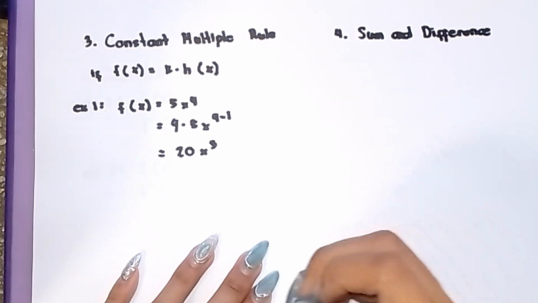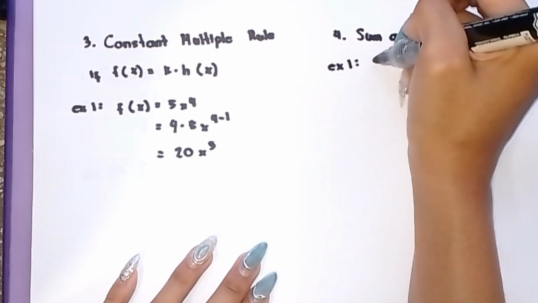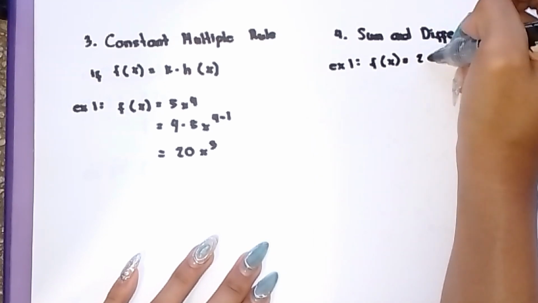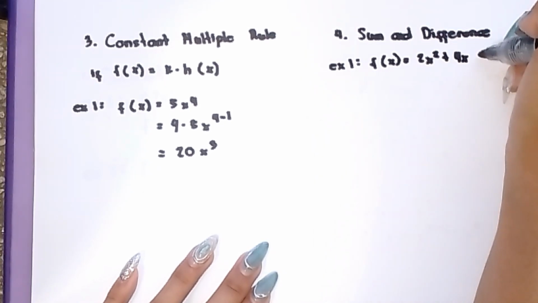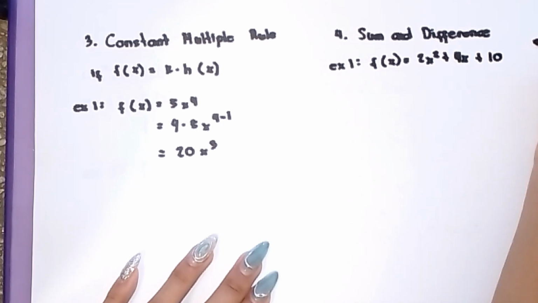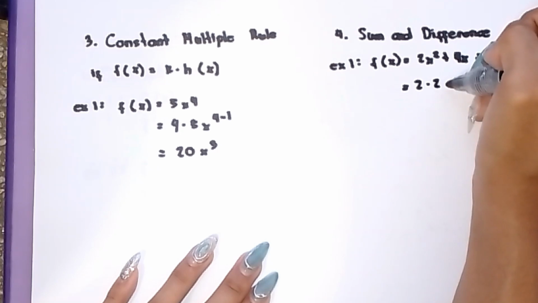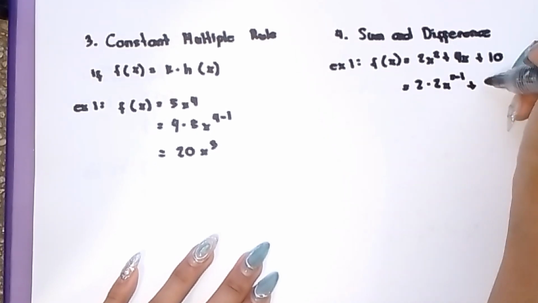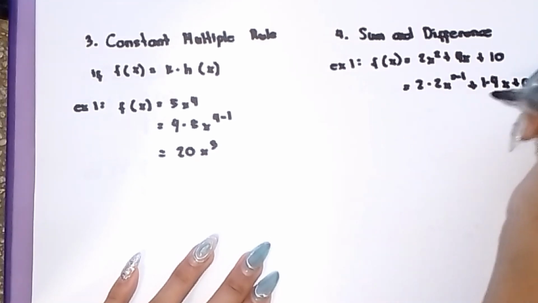For the fourth rule, we need to combine all the first rules. So in here we have an example. F of x is equal to 2x raised to 2 plus 4x plus 10, which is equal to 2 times 2x raised to 2 minus 1, plus 1 times 4x, plus 0.